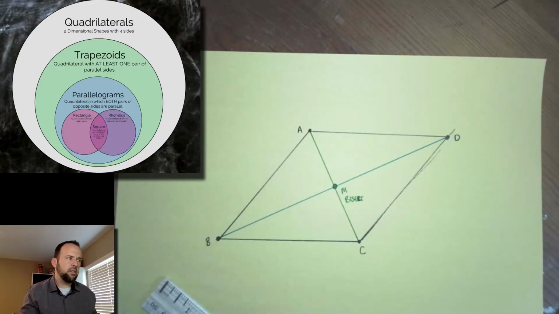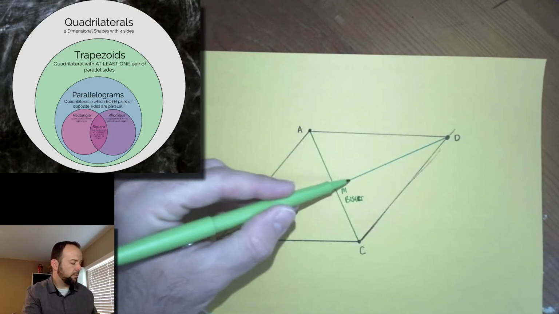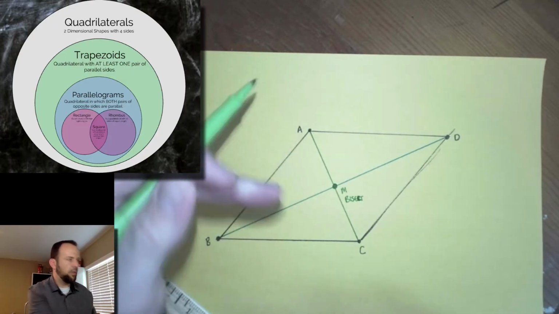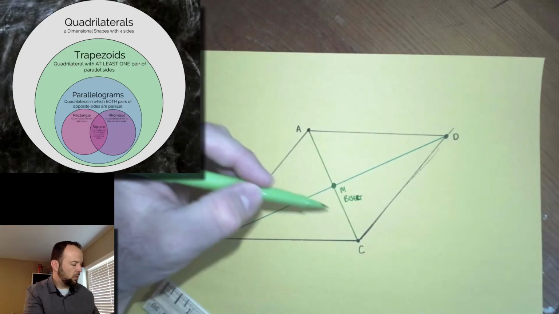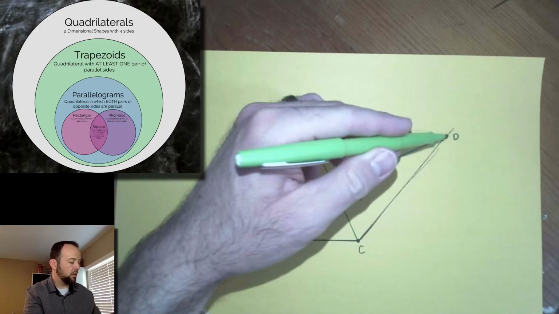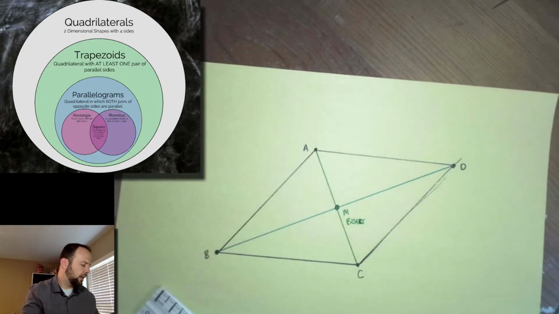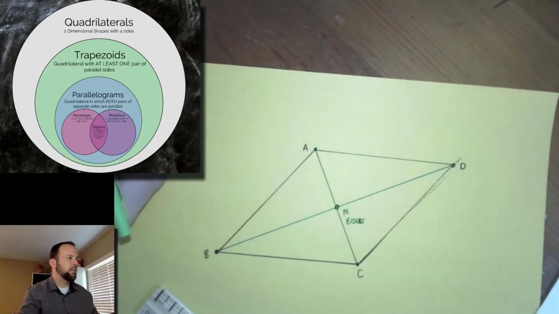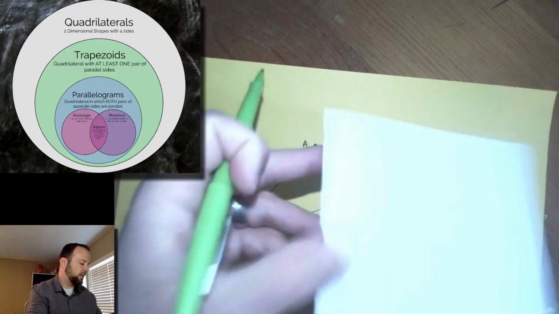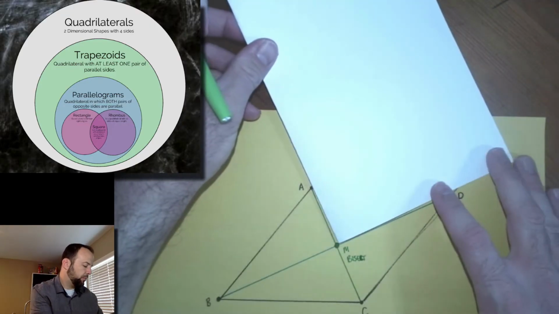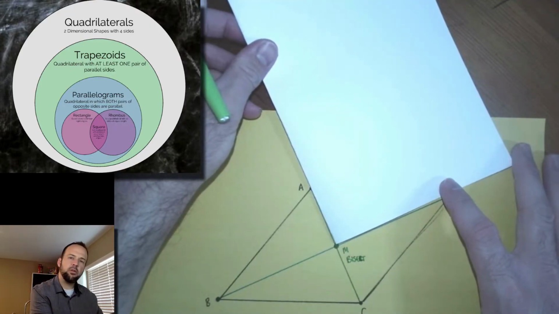Okay. Now let's look at this for a second. What do you notice about these angles here, where these diagonals cross? What do you notice about these angles as opposed to our angles that we had out here? They're 90 degrees, aren't they? If I take this piece of paper and put it in there, look at that. That is a 90-degree angle.